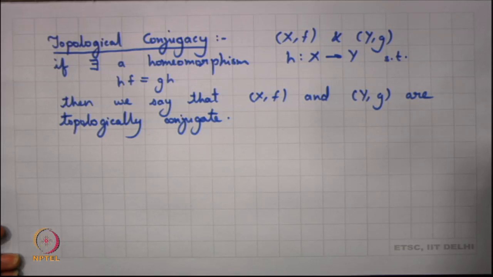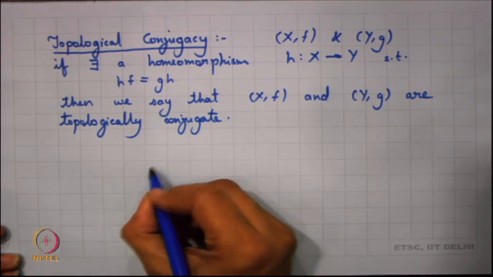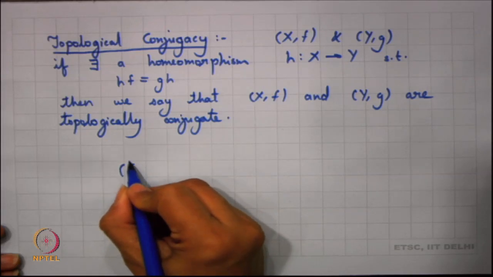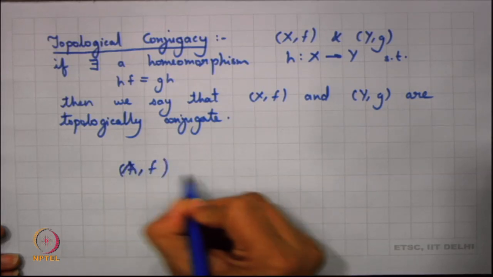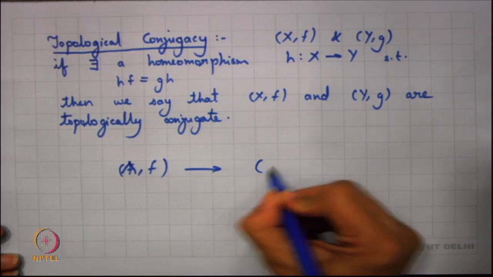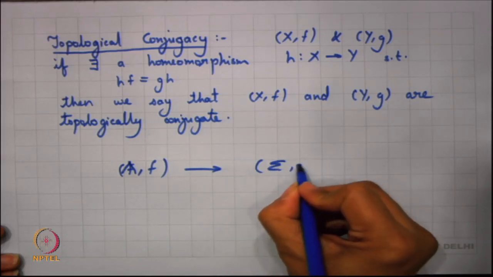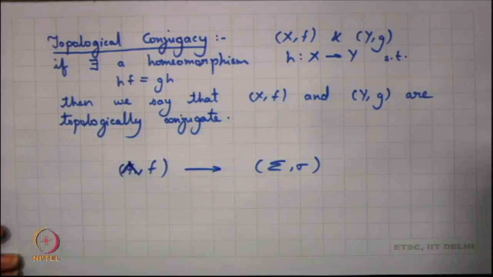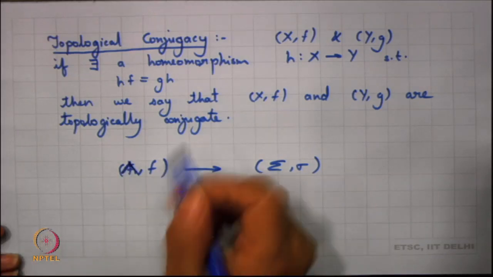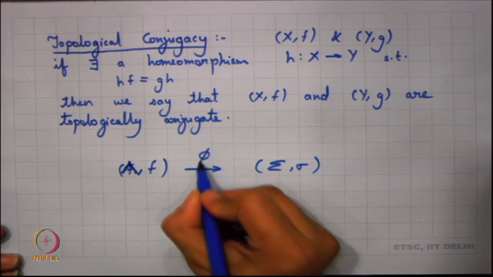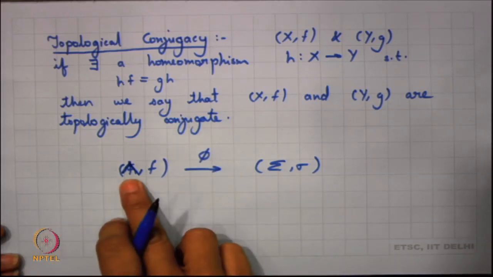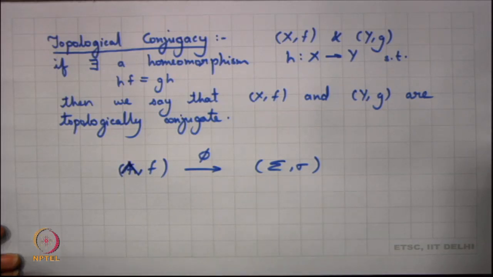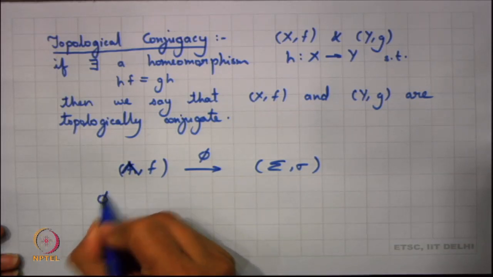Now, in our case we have this system (lambda, F), and we have another system (sigma, sigma). We have these two systems, and we have this mapping phi which takes every point in lambda to a point in sigma. So, let us look into this map phi once again.